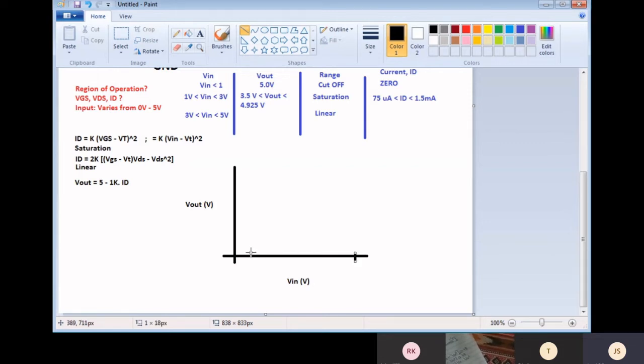Okay, so these are the current values that you are going to see.